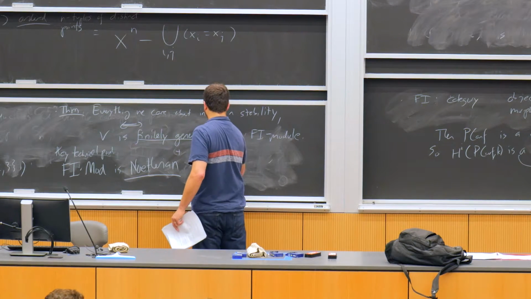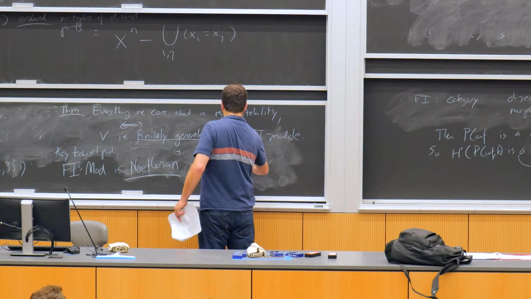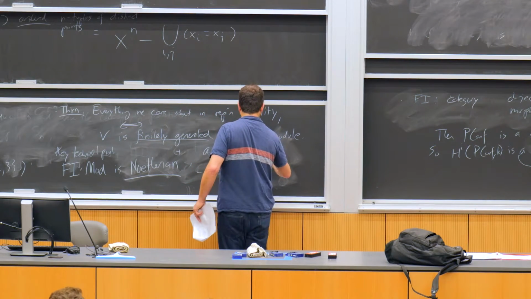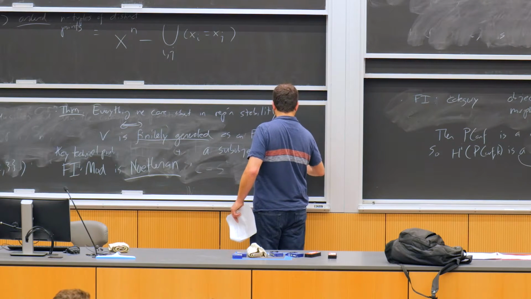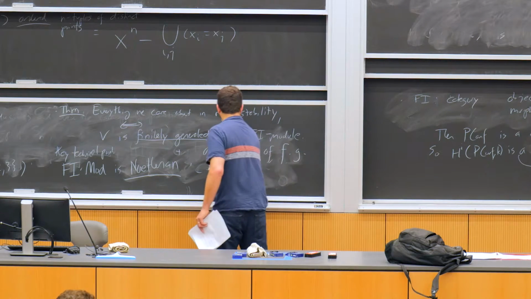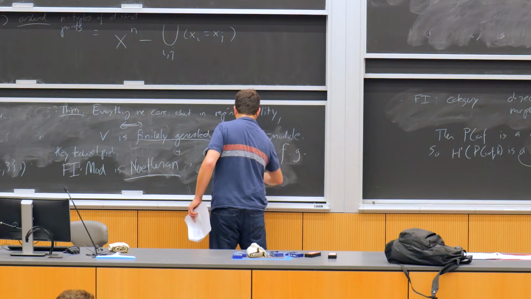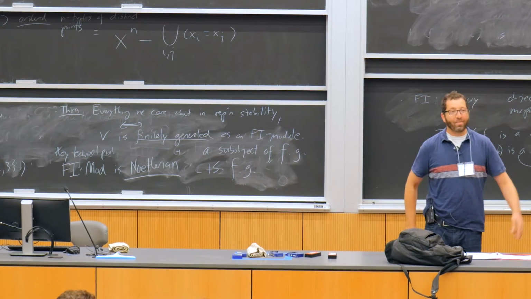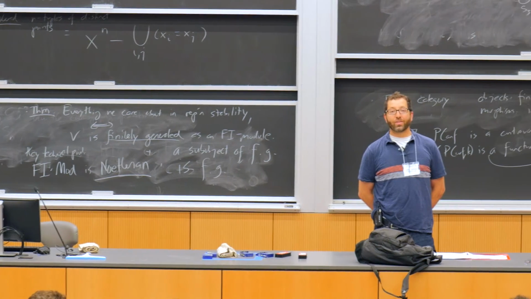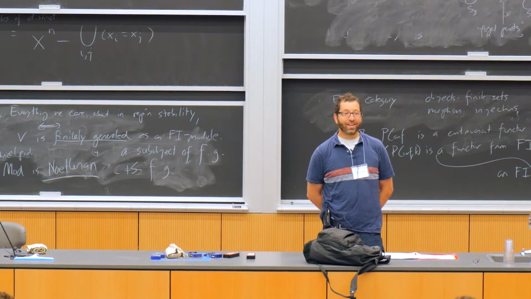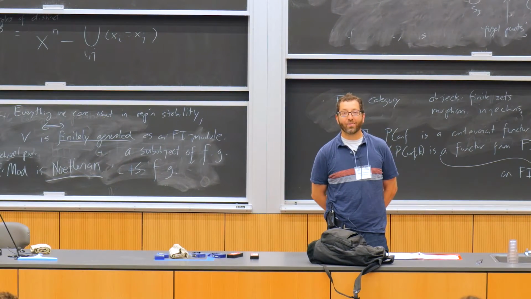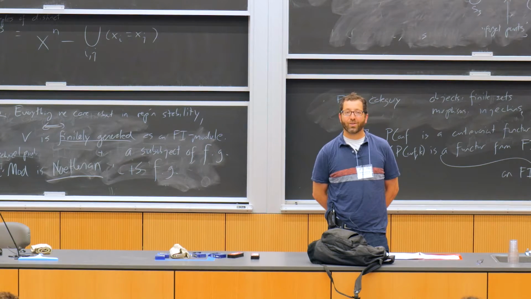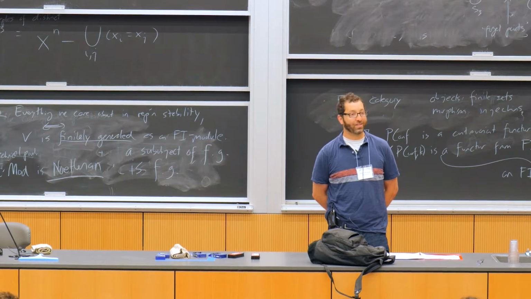It means that a subobject of a finitely generated object is finitely generated. So if you're used to commutative algebra like I am, I'm an algebraic geometer, you just think of this as something you learn in Matsumura when you're a young grad student, and then you read the proof once, and then you just accept it as a fact of life, right?